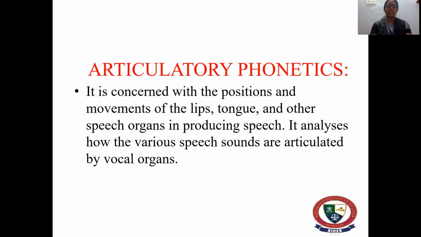We'll see in a detailed manner what we mean by articulatory phonetics. It is concerned with the position and movements of the various organs that are involved in producing the speech sounds.